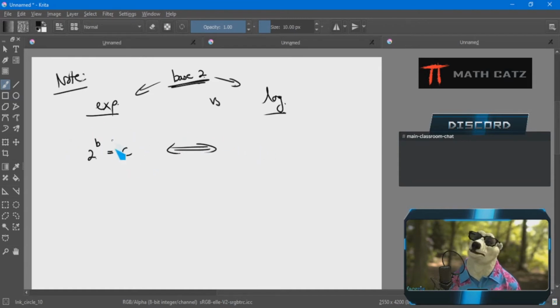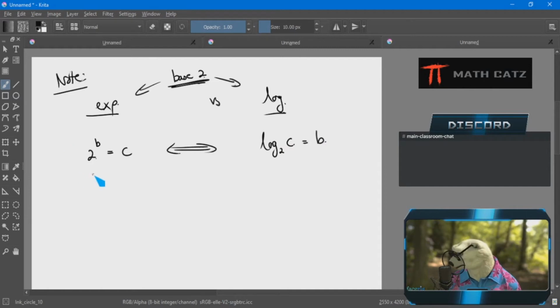The log side of things, they're doing the same thing. They're expressing the same relationship between 2, b, and c, just from the other side. That one says, I want to work with base 2. Fine. You give me the answer. You secretly do an exponential calculation and give me the answer. What the log function is doing is it will return the power that I have to raise 2 to, to get that c.